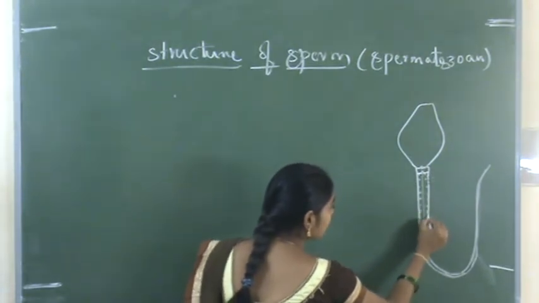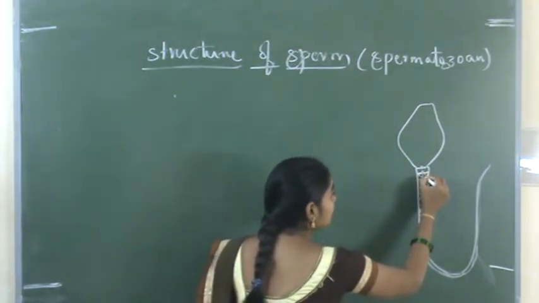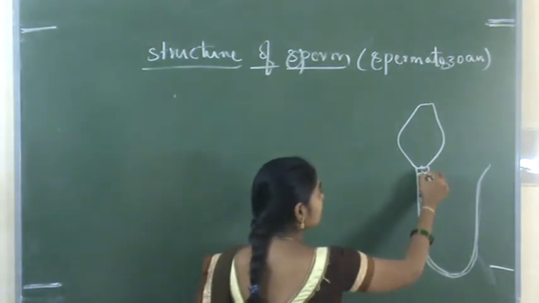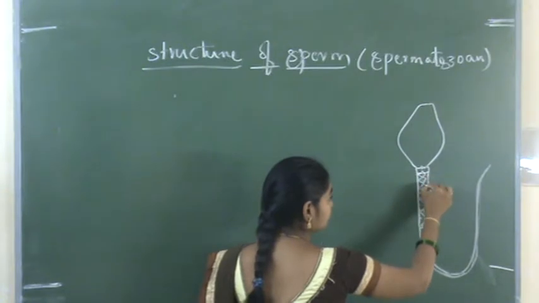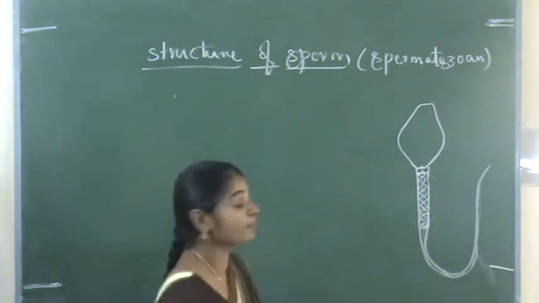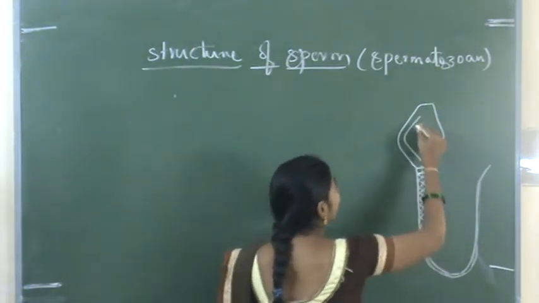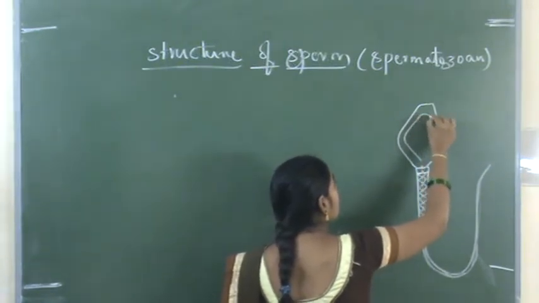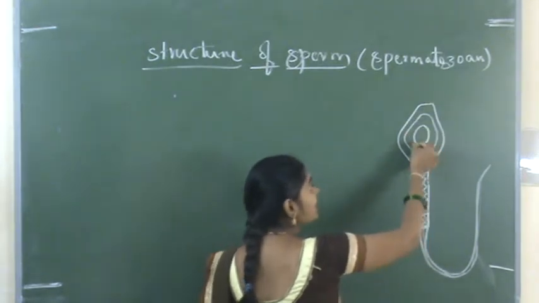A typical sperm structure, now we are drawing that. Mainly the sperm contains 4 different structures. In the mature sperm, in the middle of the head region, a large nucleus is present along with other cell organelles.